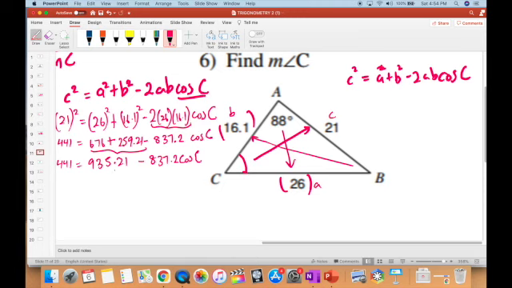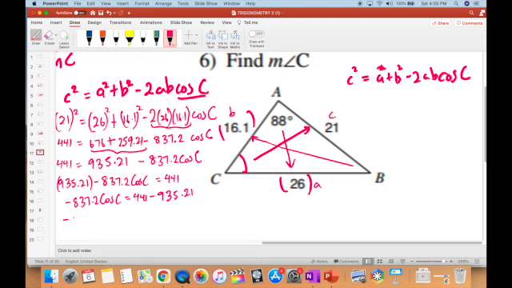Right? So let me flip it around. 935.21 minus 837.2 cos C is equal to 441. I'll take this and fling it across, so I'll be left with minus 837.2 cos C is equal to 441 minus 935.21.